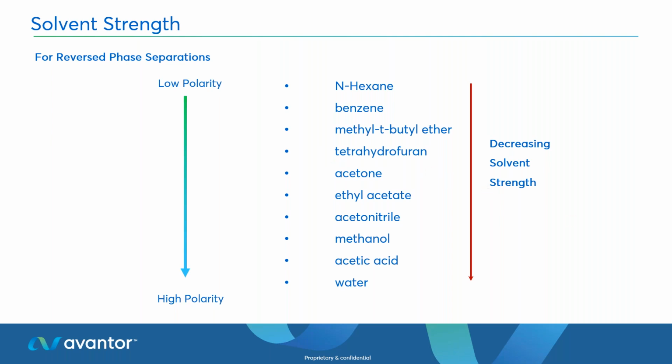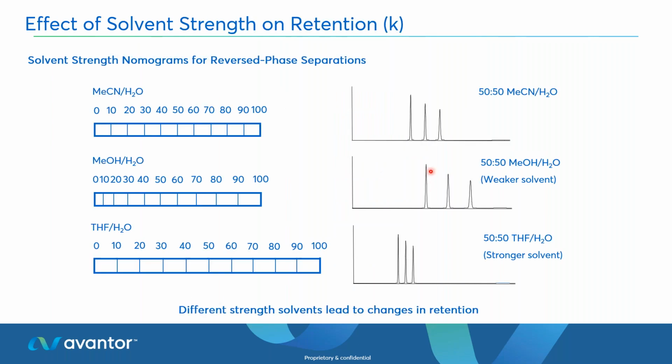And if we want to start substituting our different organic solvents, we need to consider the fact that they have different strengths. So for example, here we have a 50-50 mix of acetonitrile water, and you can see the retention time of my 3 peaks.